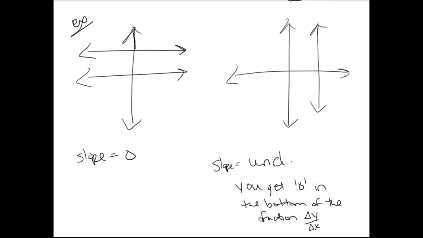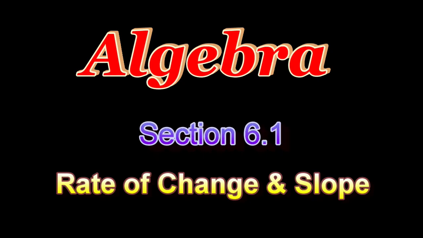Okay, so if you get 0 in the bottom, you're going to get what we call an undefined slope. So in our work with fractions in the past, we never wanted 0 in the denominator, and the same is true now. Just remember, if you have a horizontal line, then your slope is 0, and if you have a vertical line, then your slope is going to be undefined.